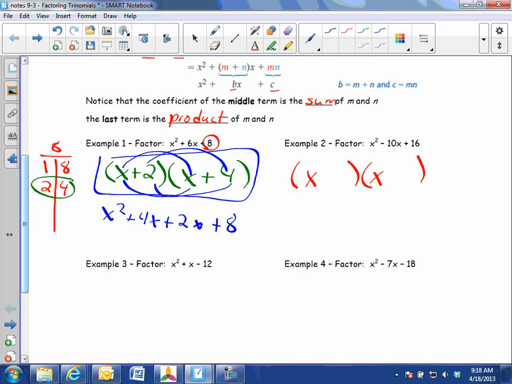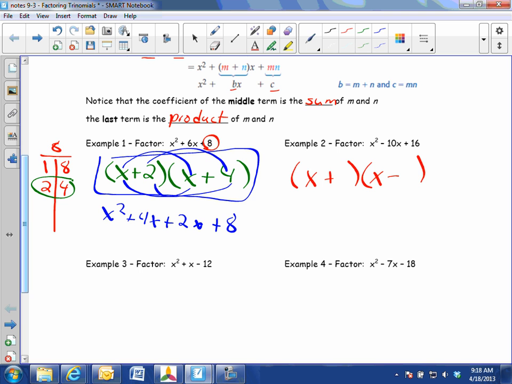Yes, but let's think. So last times last is what's going to get me 16, right? And it's a positive. So if I have two positives, when I multiply, I'm going to get a positive at the end. But when I add, am I going to get a negative in the middle? No. So let's try positive, negative.